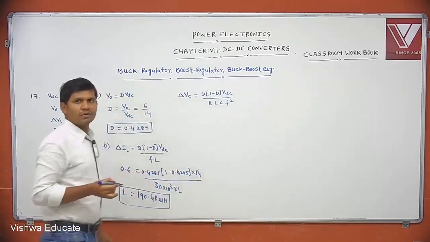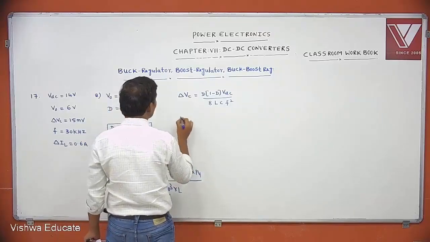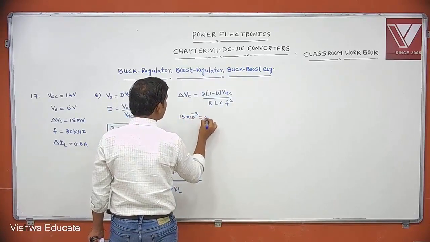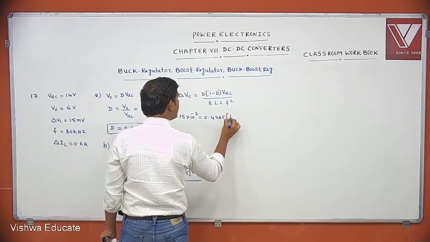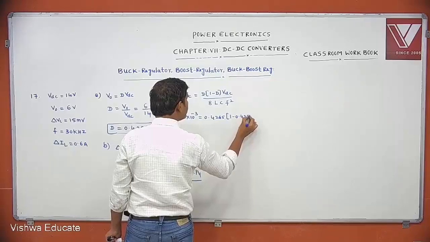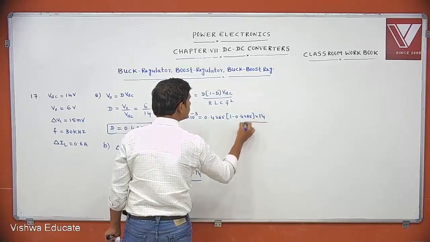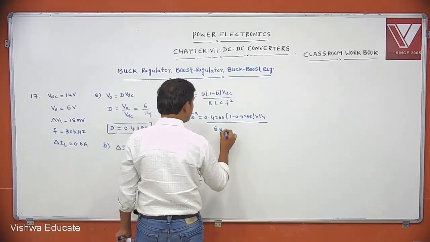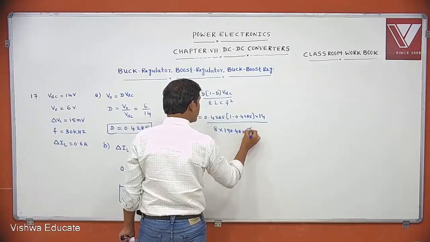Delta Vc given is the peak to peak ripple voltage, 15 millivolts, 15 into 10 to the power of minus 3. D is 0.4285, 1 minus 0.4285, Vdc is 14 volts, 8, and L you calculated now, 190.48 microhenry, into 10 power minus 6.